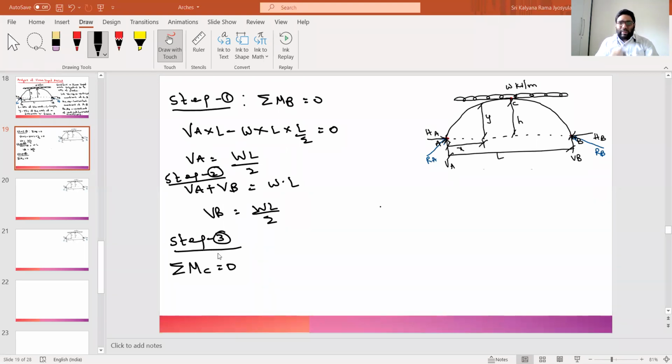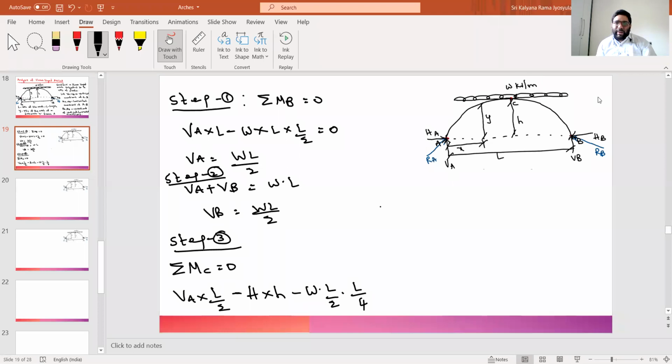So what will you get? VA into L by 2, the center, right? VA into L by 2, minus, in the other direction, anticlockwise, H into small h, minus load W into L by 2 into L by 4, correct?